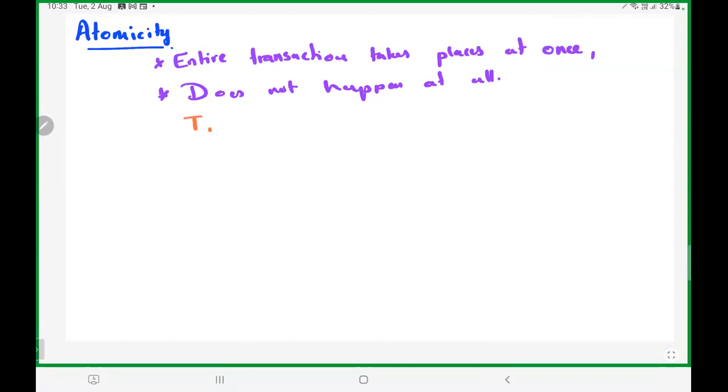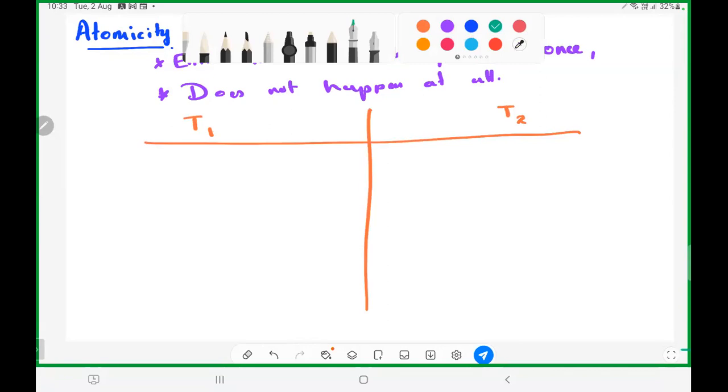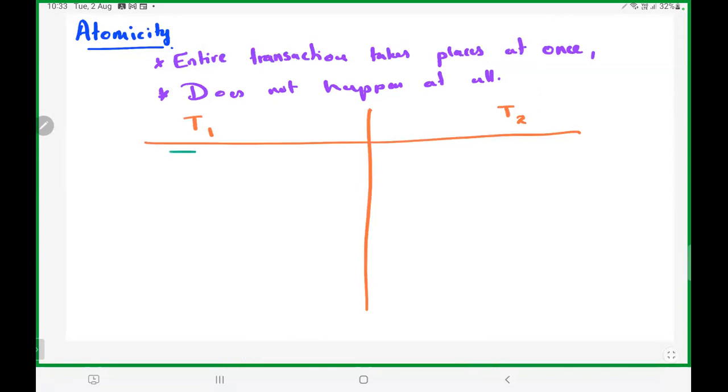Just think there are two transactions, T1 and T2. Transaction 1 and transaction 2. Transaction 1: read X. Just think X equals 400, Y equals 300.